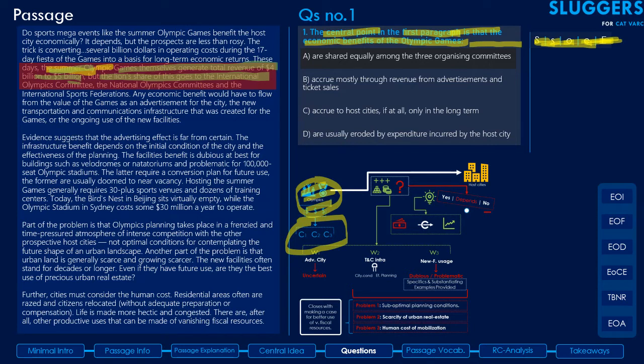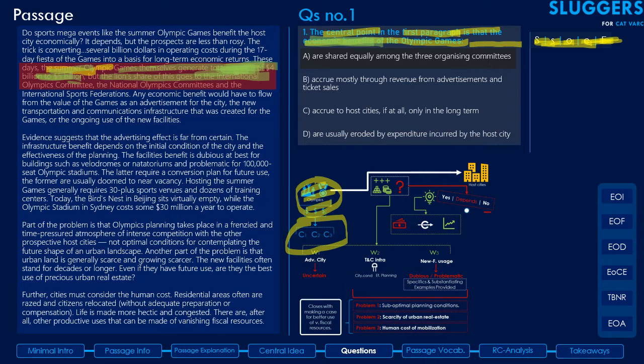Now, so far as this option is concerned, there are two reservations that we have against it. First, the passage talks about the revenue that is generated. It does not talk about the economic benefits of the Olympic Games.